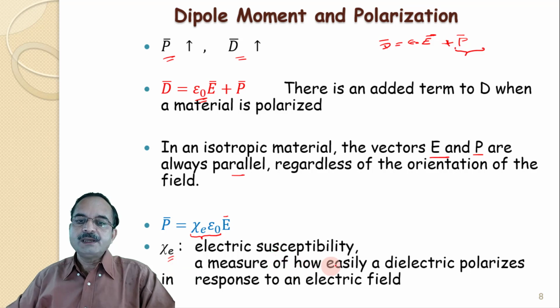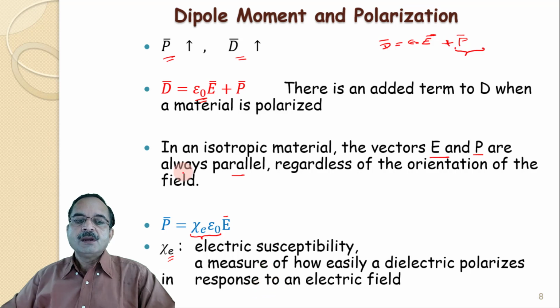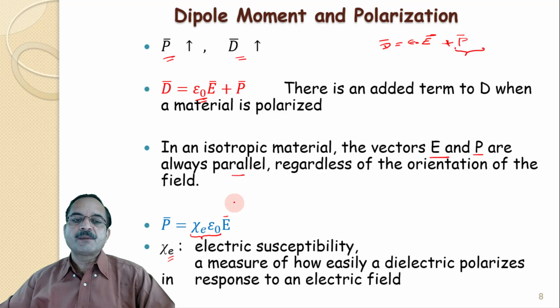It is a measure of how easily a dielectric polarizes in response to an electric field. So the higher the value of susceptibility, the higher the polarization for a given value of electric field intensity.